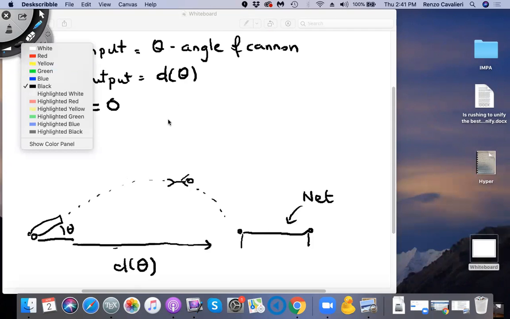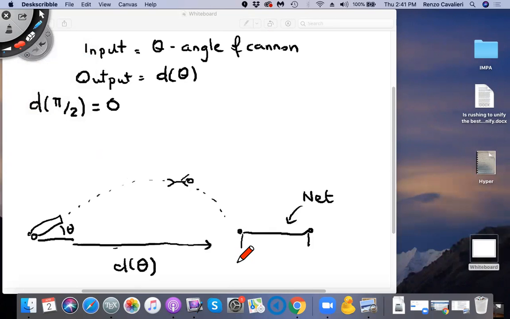Not very productive. But then your question is, you have a net that will span the distance between two values, dA and dB, and you want to make sure that you land in here. So what you want is to find the inverse image of dA to dB.